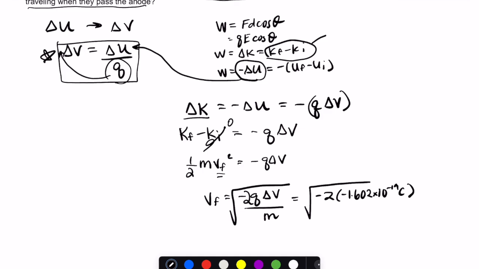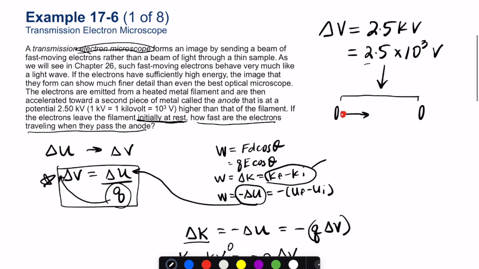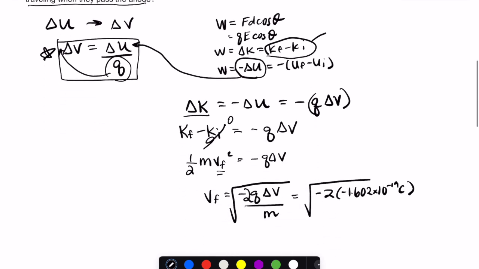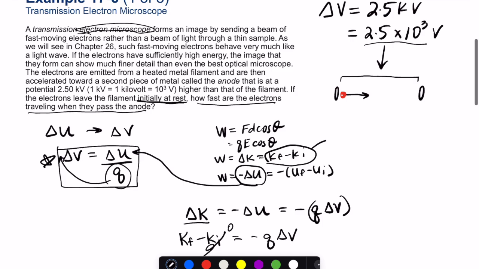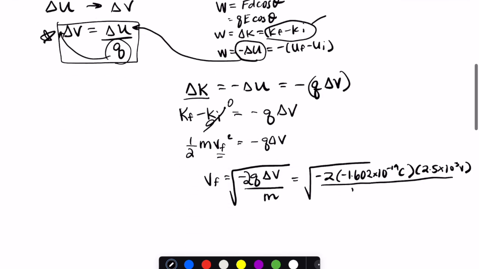And delta V is 2.5 times 10 to the 3 volts. And finally, the mass of the electron. If we recall from the previous example, it wasn't given there, but I believe it's 9.11 times 10 to the minus 31 kilograms.